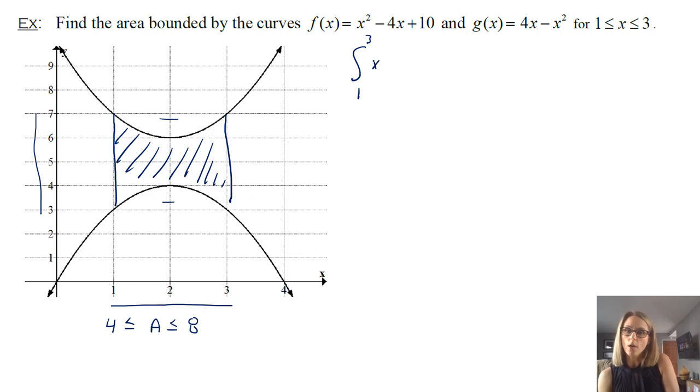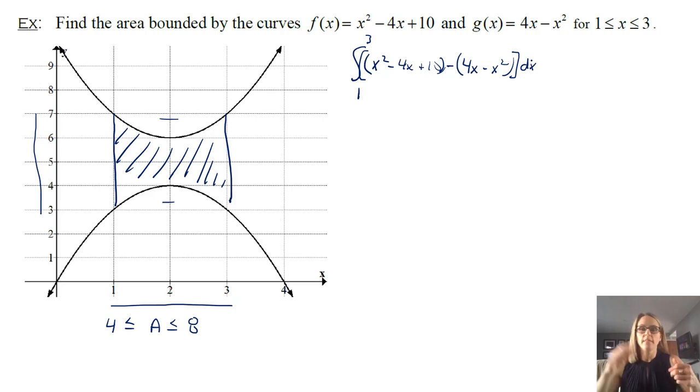So we want to take our function that's always on top, because the height of our rectangle at any point is f of x minus g of x. So we should have this, and I'm going to put it in extra parentheses and then do a dx. Every value in my big brackets is the height, because it's one y value minus another y value.